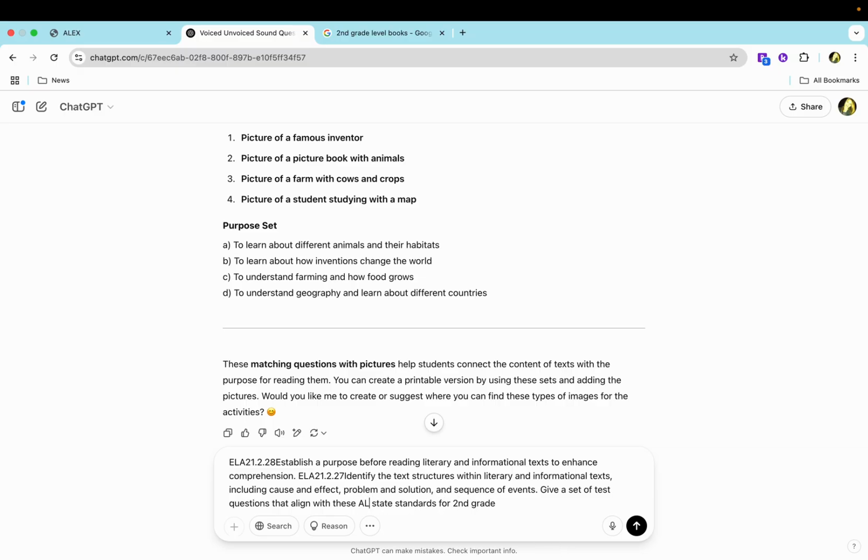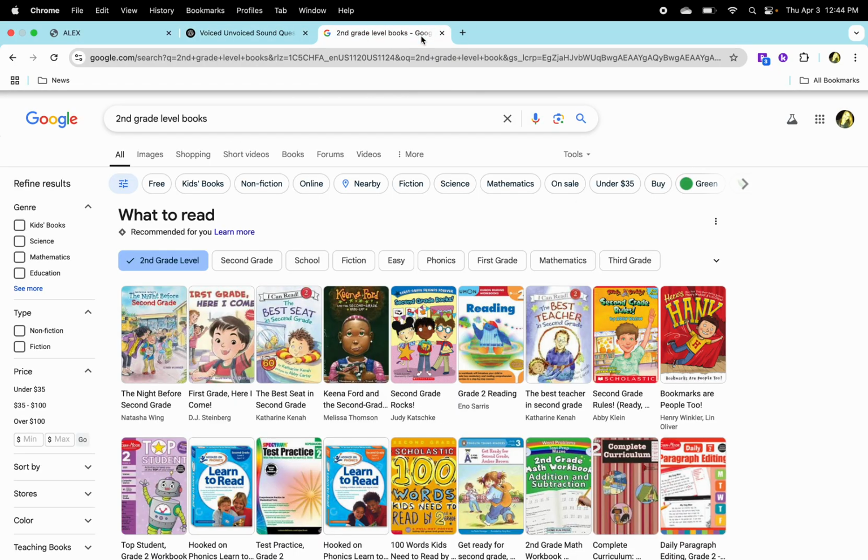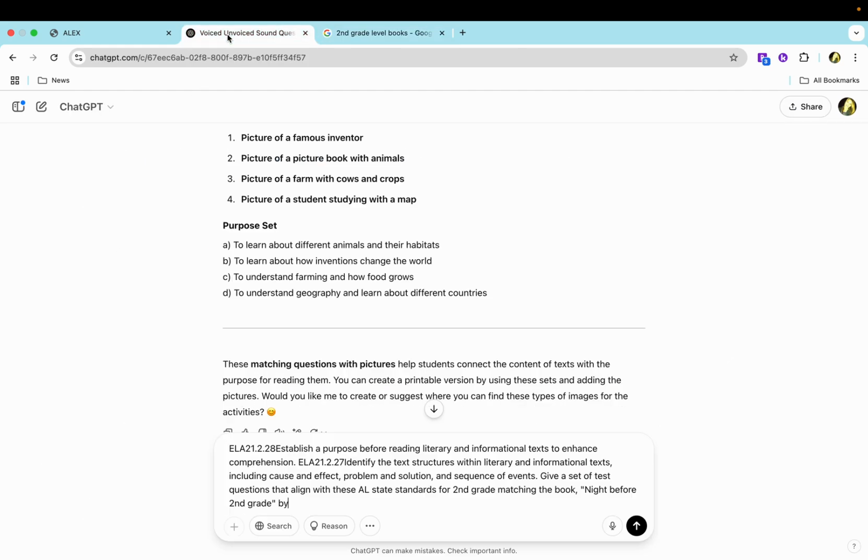Let's add in Alabama in there. Matching the book The Night Before Second Grade by, and I like to put the author, Natasha Wing. Okay, let's see.